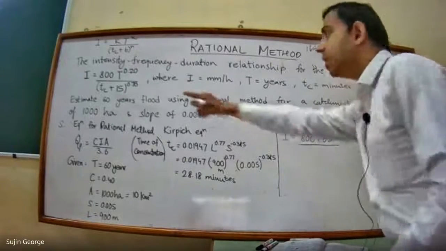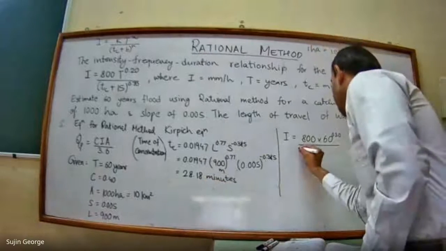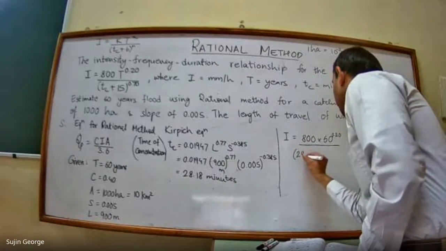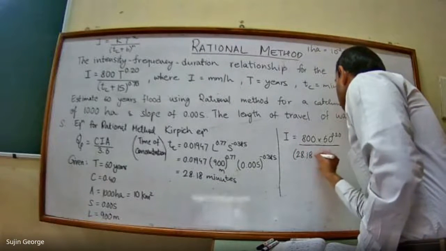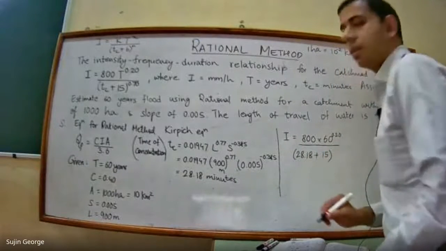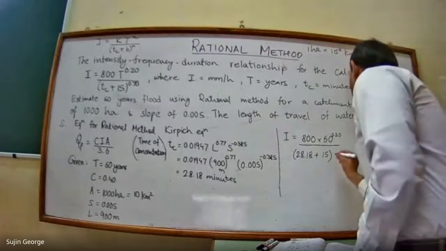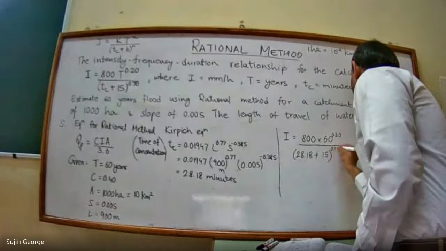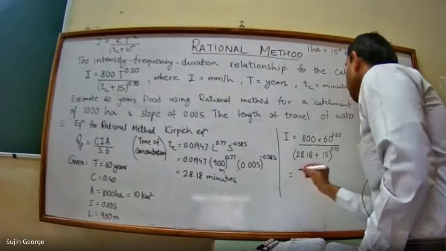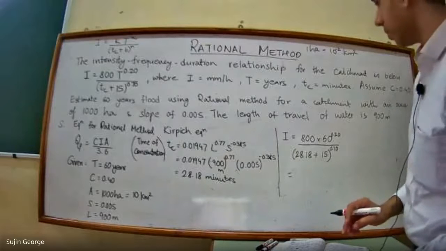Next, Tc. So the Tc value we got as 28.18. 28.18 plus 15, raised to the power 0.7.